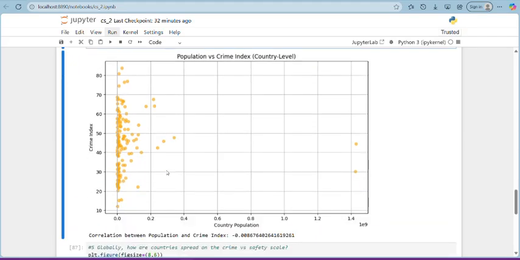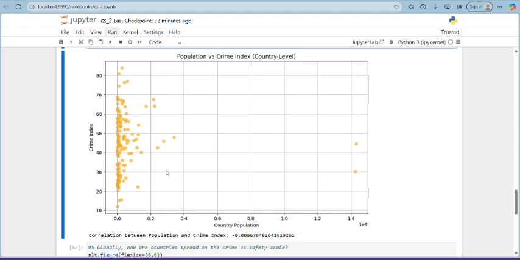I used pandas for data cleaning, grouping and sorting, and matplotlib for visualizations. Each step involved thinking about what question I wanted to answer, how to process the data, and how to present it in a clear and understandable way.